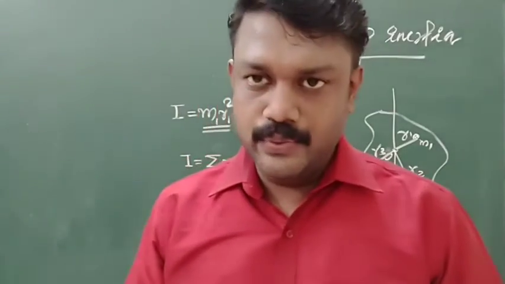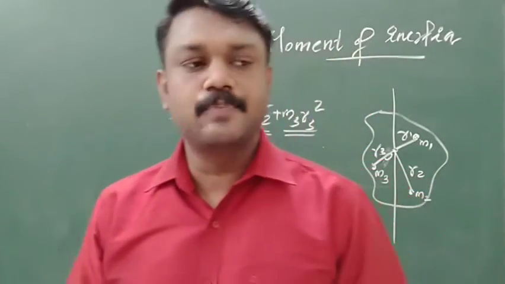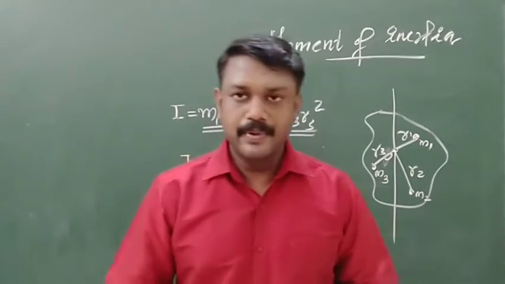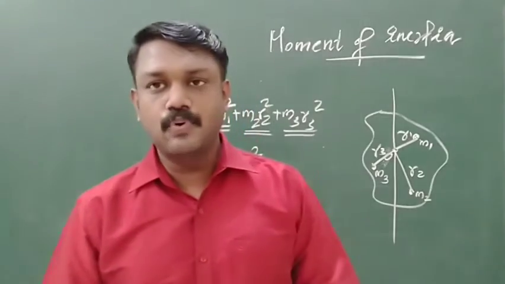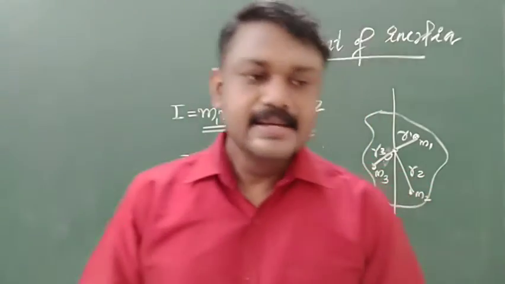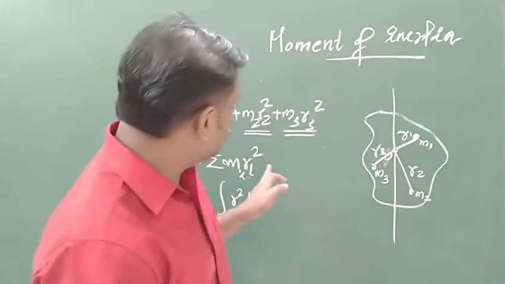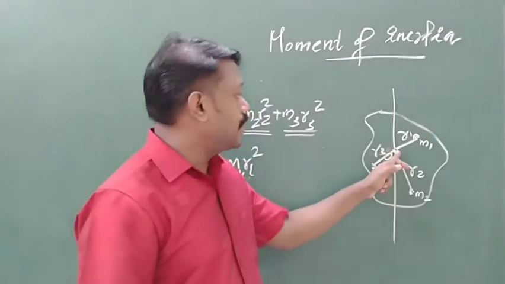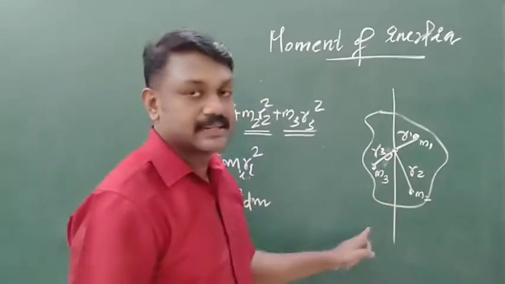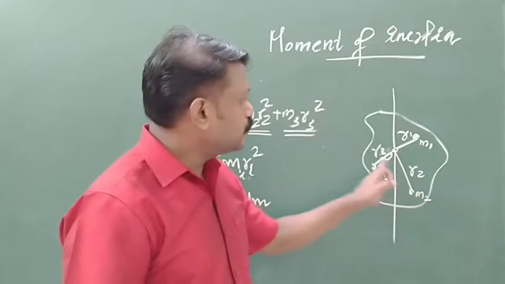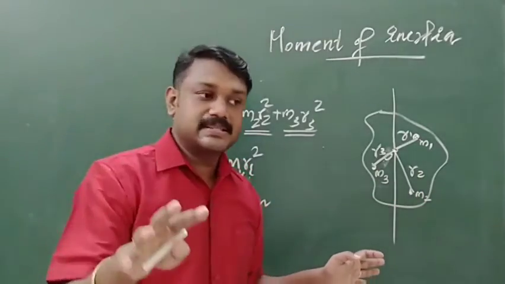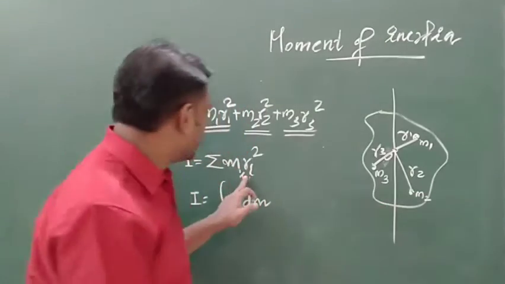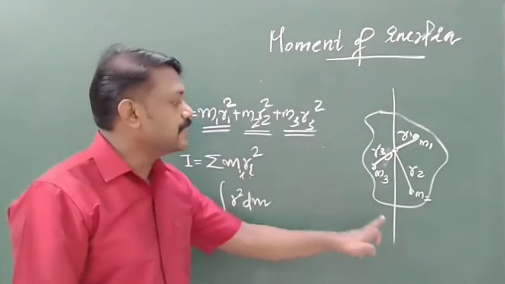So I already told you this moment of inertia is the property of a rotating body. If you have a rigid body, that rigid body can rotate about an axis. From this equation it is clear that when the axis of rotation changes, R1, R2, R3 change, which means moment of inertia depends upon two factors. One is the mass and the other is the distance from the axis of rotation.